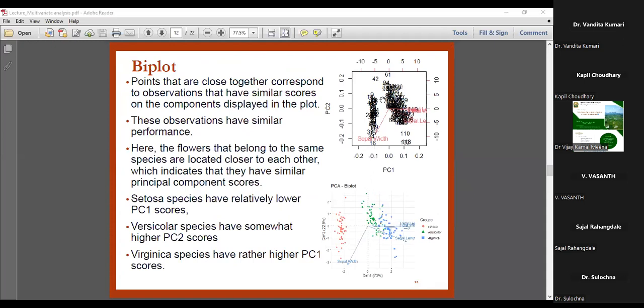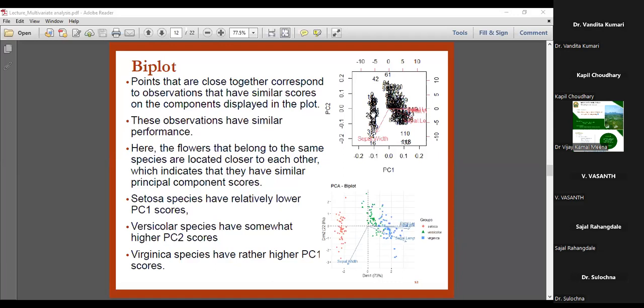So I have mentioned that each of these are the observations. Actually, it is too clumsy. It has become too close. These are each observation; 150 observations have been shown in the form of numbers, so they have come together. The points that are closer have similar scores. I mentioned that these points are showing the scores, right?